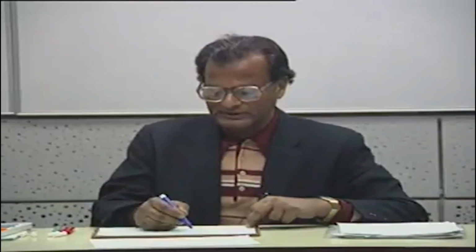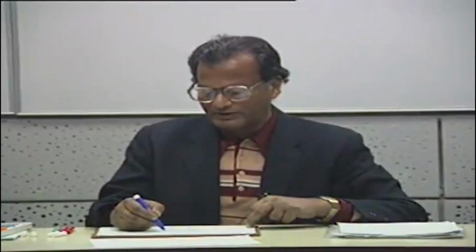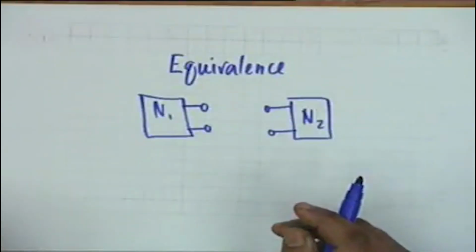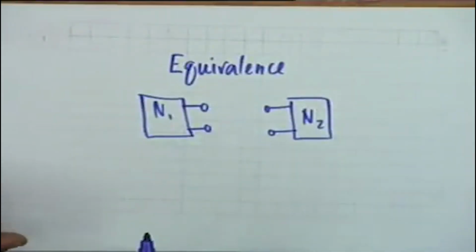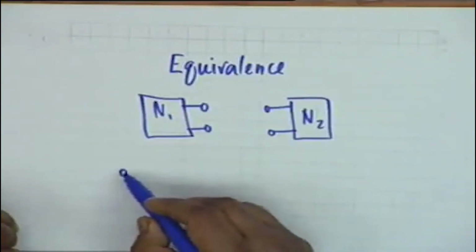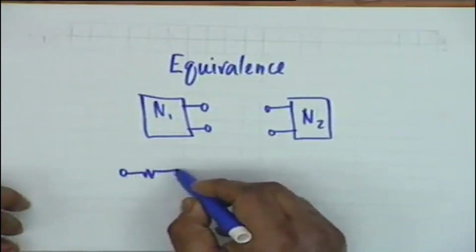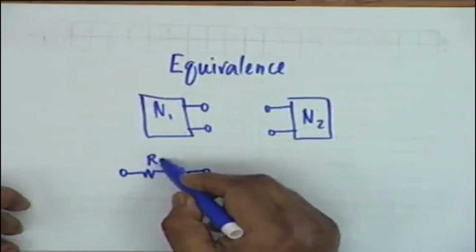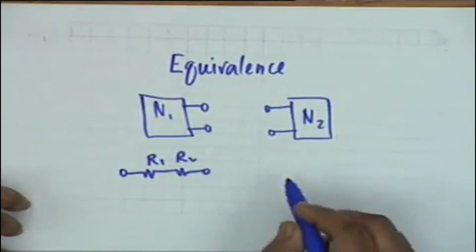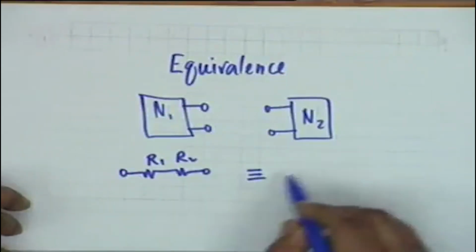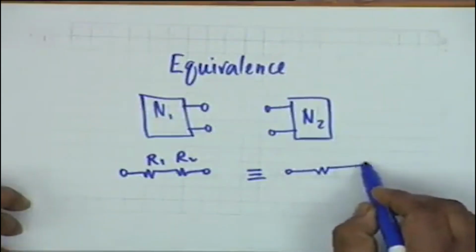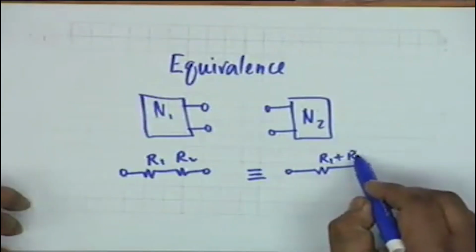In particular, Thevenin's and Norton's theorems have to do with one port equivalence. Equivalence of one port networks, that is, one port means the network contains only two terminals. Very simple one ports can be thought of like this. Let us say two resistances R1 and R2 in series, then this one port is equivalent to a single resistance of value R1 plus R2.